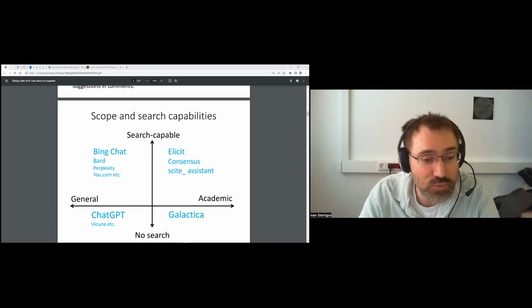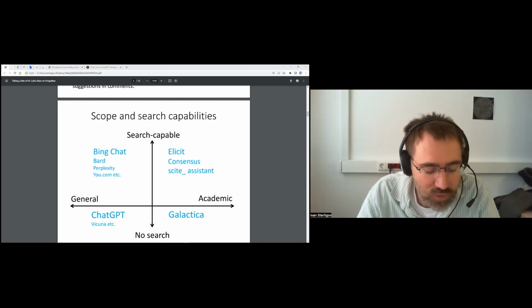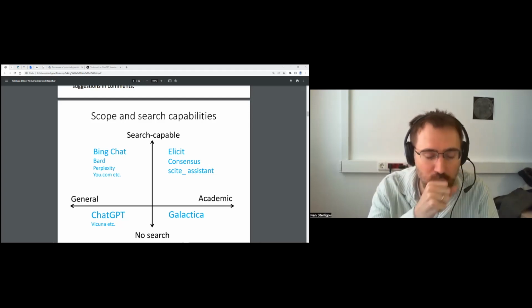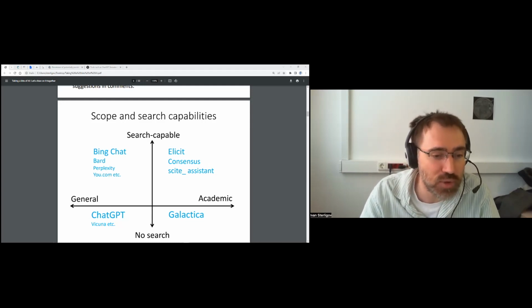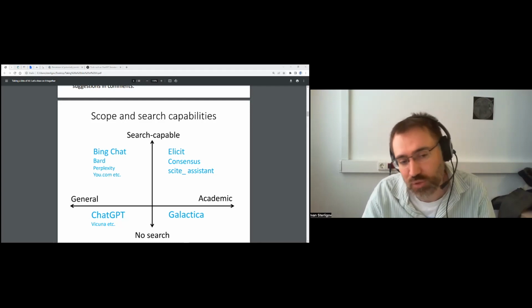There are hundreds of new AI-based tools and tens, so maybe 50 or 100 tools specifically geared to academic publishing, research, and so on. But they could be classified using these two simple axes, general versus academic.